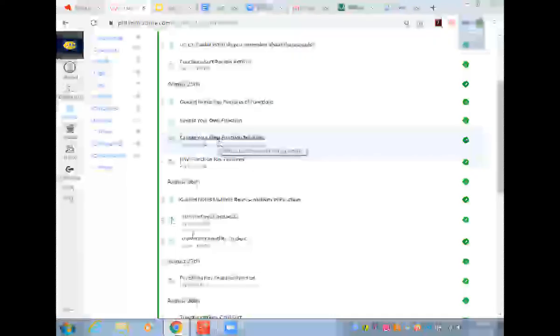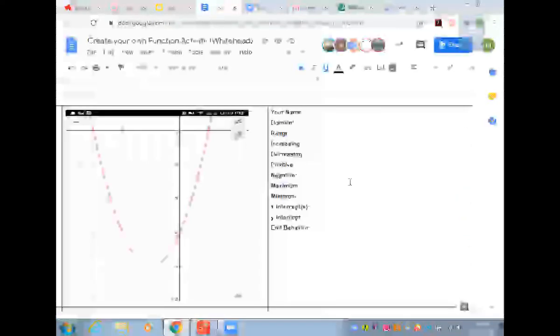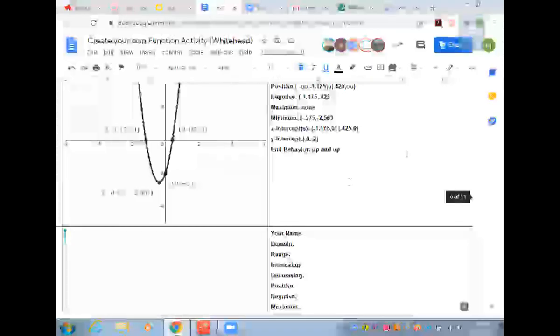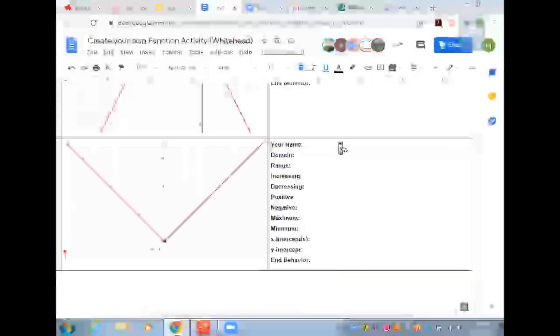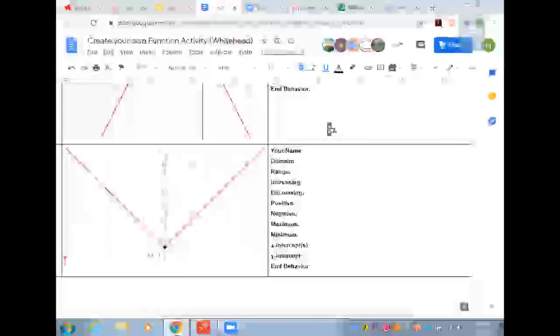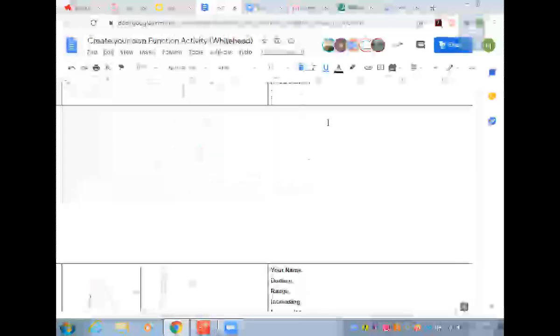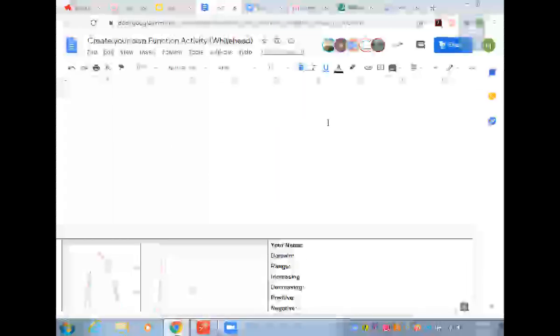And then today, you've got to go into the create your own functions document, which looks like this. As you can see, somebody's already started. They've entered in the answers on the right-hand side here to someone else's problem. Those are the only two things that were technically due yesterday and today. Everything else homework-wise and activities are going to be due by Sunday.